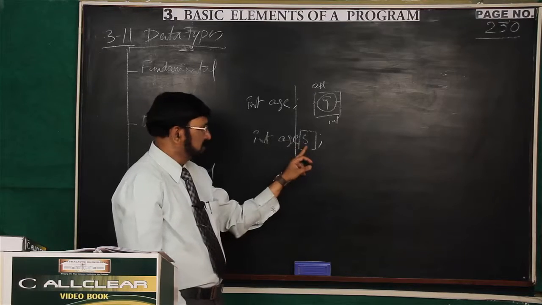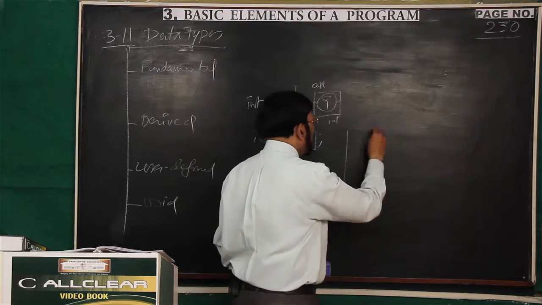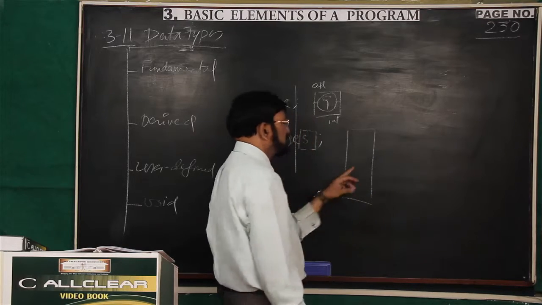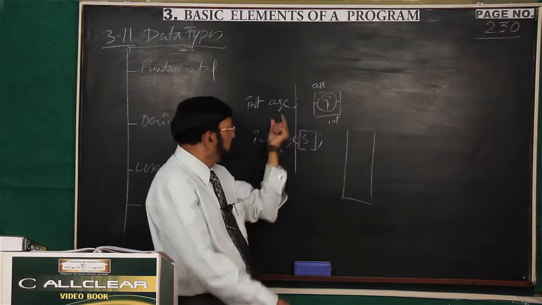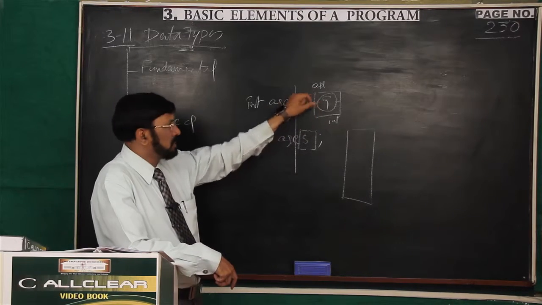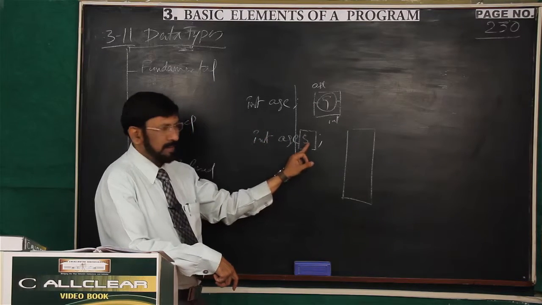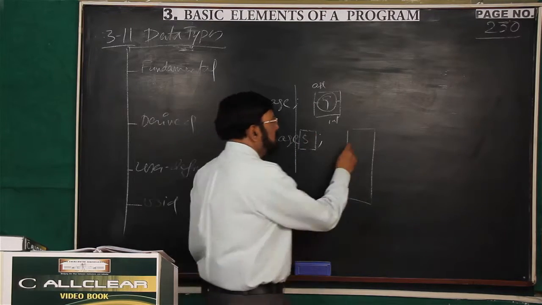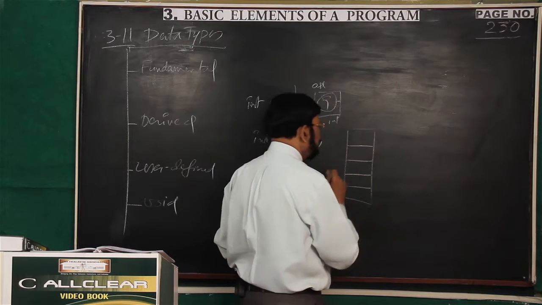One more extension with the square bracket 5. What does it mean? One block of memory is allocated on this declaration. On this declaration, 2 bytes memory is allocated as one block. On this declaration, 2 into 5, 10 bytes memory is allocated, and each one is called an element.